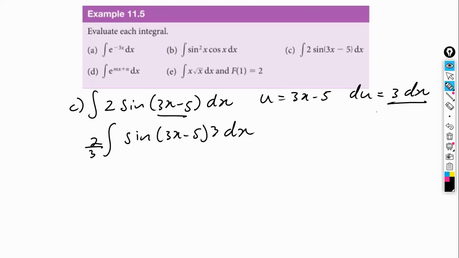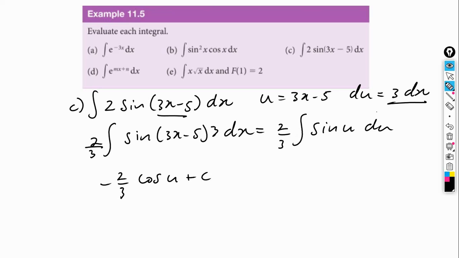So notice that we're ready because that is going to equal 2/3 the integral of sine of u du. And then the antiderivative of sine, remember that you have to be careful because that's going to be negative cosine, right? So negative 2/3 cosine of u plus c.